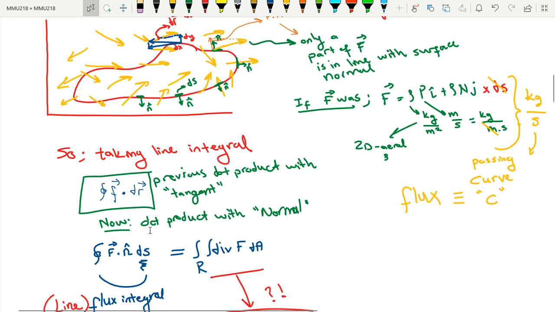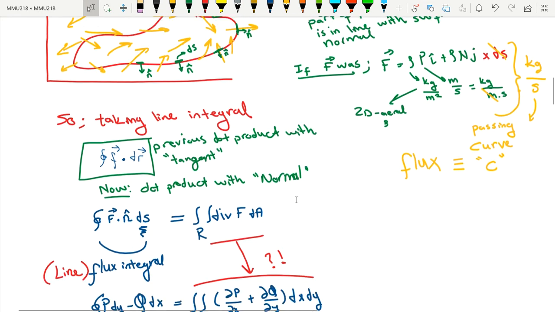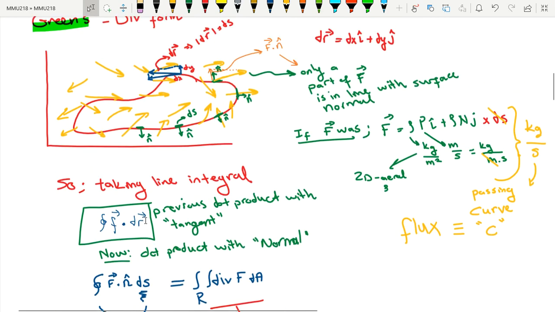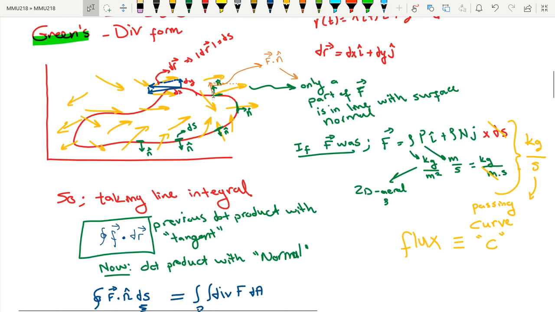Now, for the flux integral, the line flux integral, I'm going to dot product my vector field with the normal vector of the surface, so that I will be able to find the y component of my field vector at a specific point on a surface, which will be pushing out my particles.